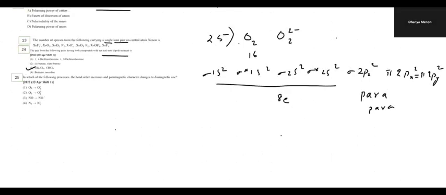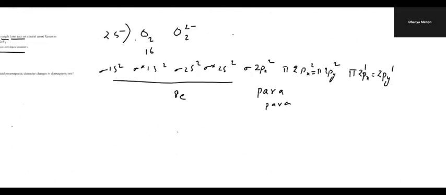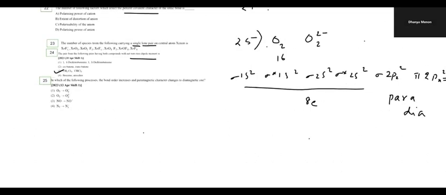So O2 to 2 minus, 2 electrons are getting added. So it is increasing from para to diamagnetic. But let's check the condition. The bond order is changing. Bond order is increased. That also is happening or not. Let's check.